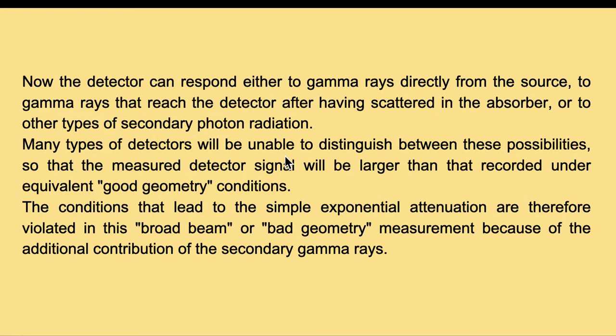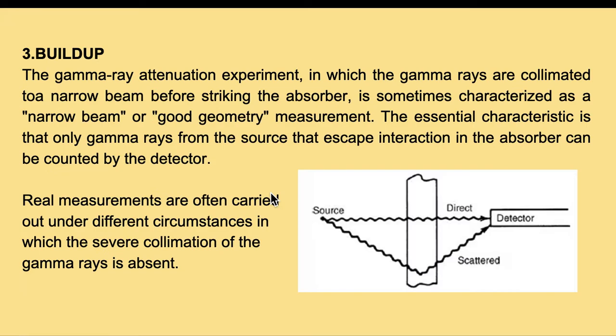Many types of detectors will be unable to distinguish between these possibilities. That means you can't detect it as from source, scattered, or a newly generated gamma; you can't distinguish. So the measured detector signal will be larger than that recorded under equivalent good geometry conditions.